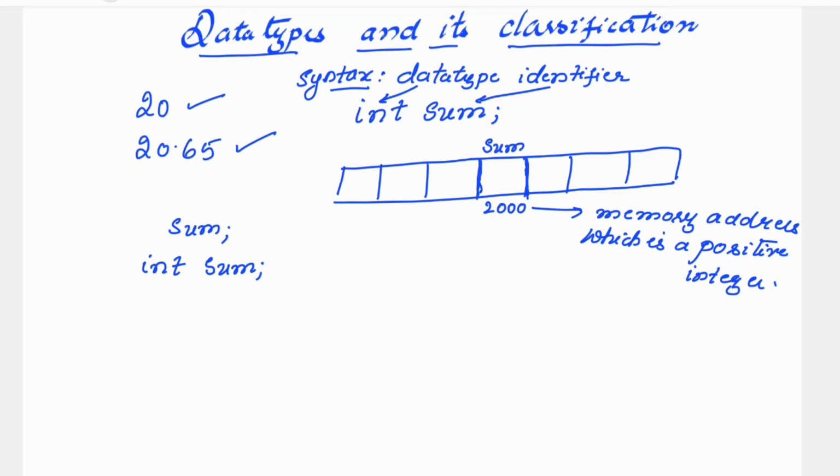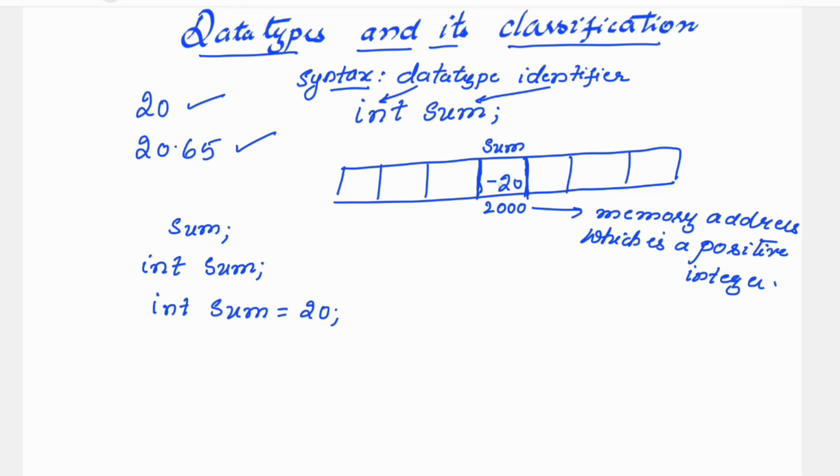I want to assign the value 20 to this. In the declaration itself I can do that: int sum equals 20. That means for the variable sum you assign the value 20. This 20 is an integer, so it is accepted. Instead of 20 I can also write minus 20. This is also allowed.